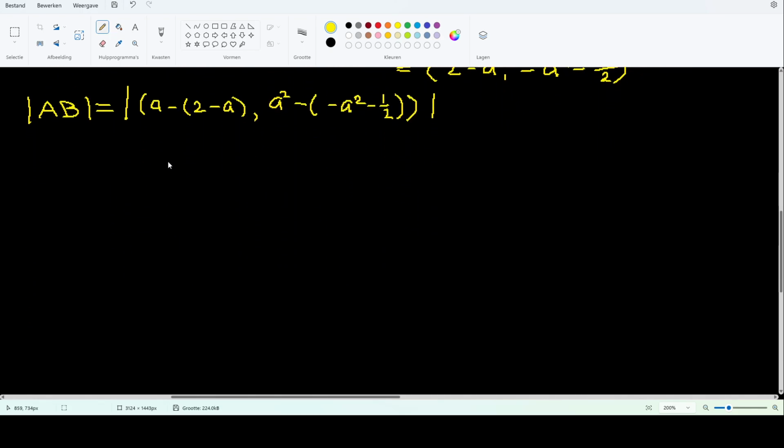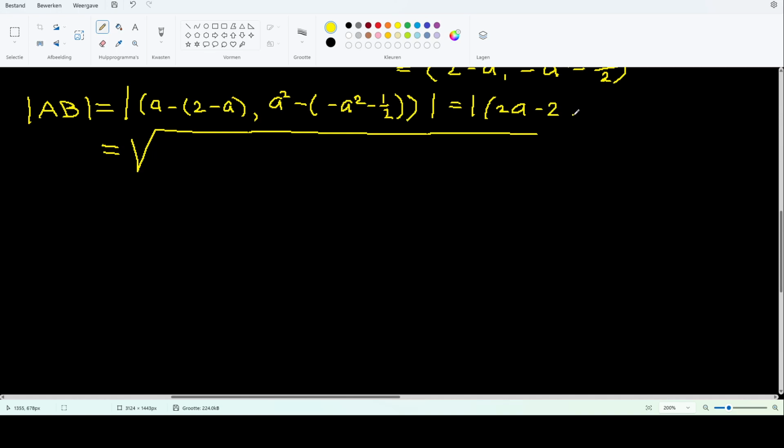Okay, so this is actually everything I need at the moment. So if we want to take the length of a vector, what you have to do is take the square root of the first component squared. And you know what? I shall first simplify that vector a little bit more. So it's actually 2a minus 2.